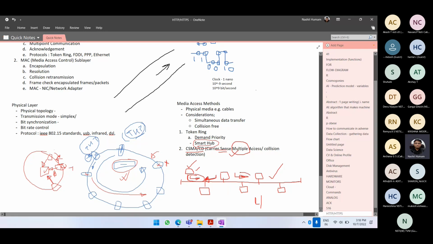This makes sure that it understands there is a collision.